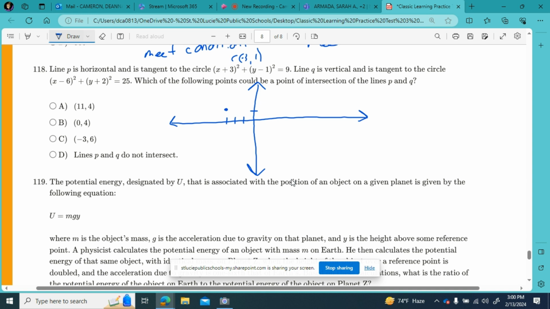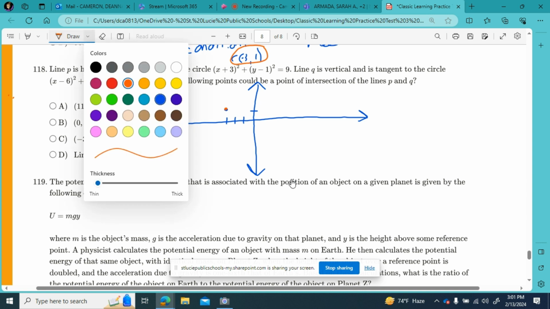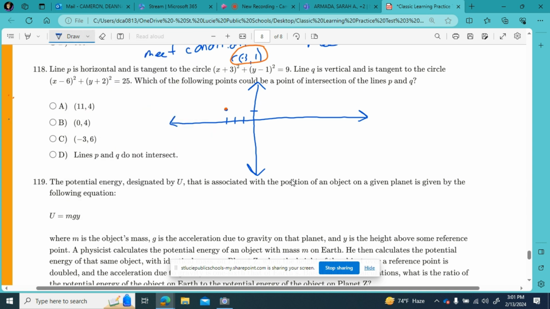Actually, I'm going to make this another color. The center of this circle here. And my radius is going to be the square root of 9, which is 3. So from there, it goes up 3, 1, 2, 3, and down 1, 2, 3, and over 3, and out 1, 2, 3.